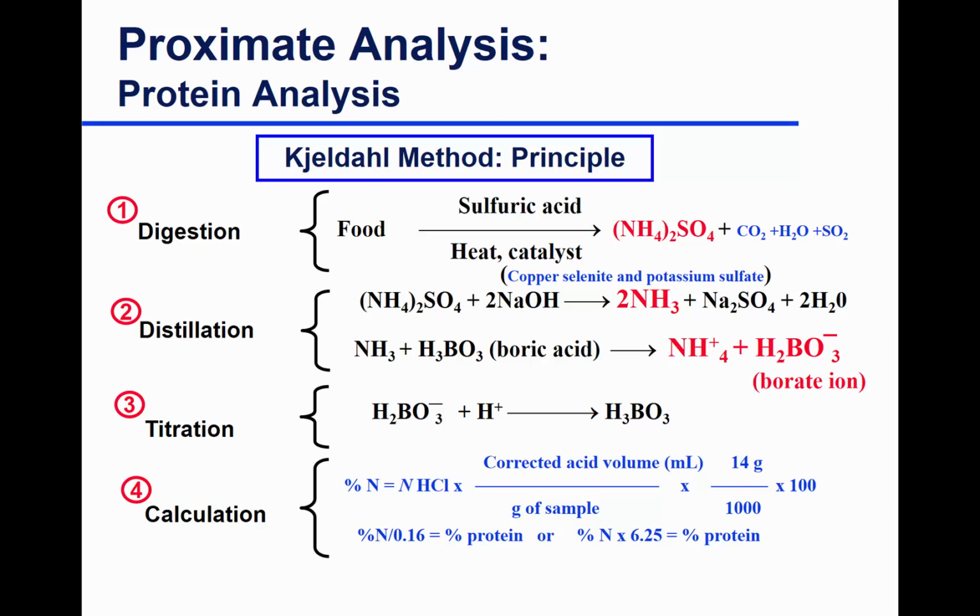So this way we can deduce, we'll go through the calculations in a minute, using the volume of the HCl used and the molarity of the HCl used, we can use this data to quantitate or determine how much ammonium or nitrogen we had in our sample.